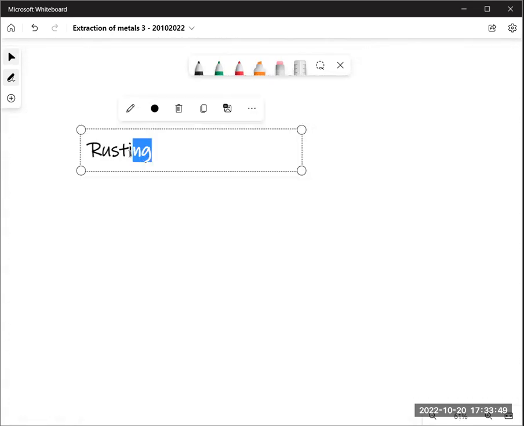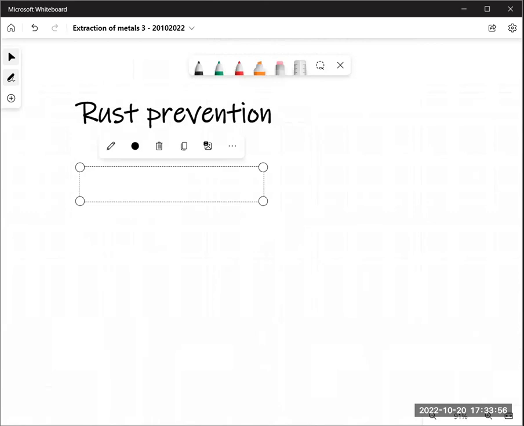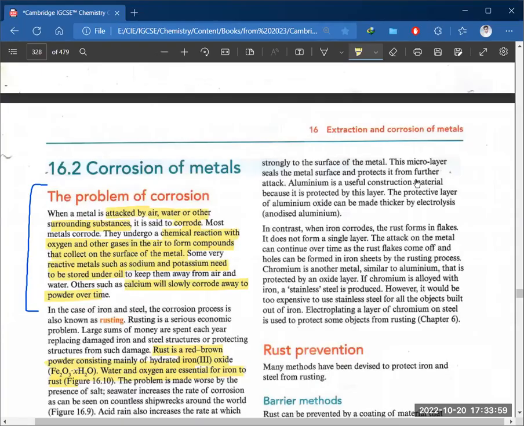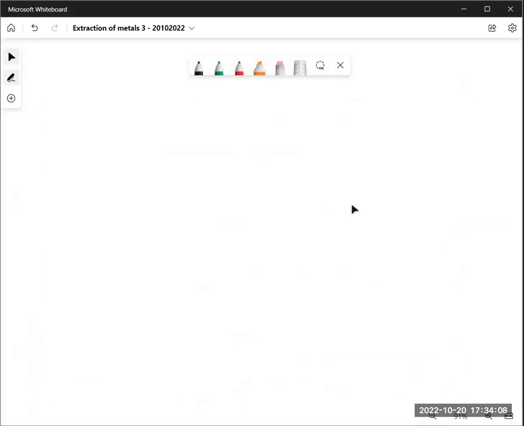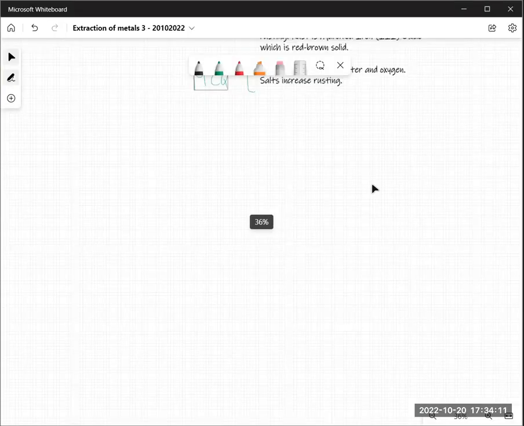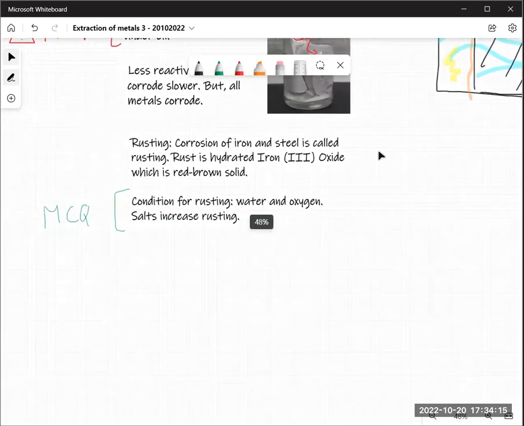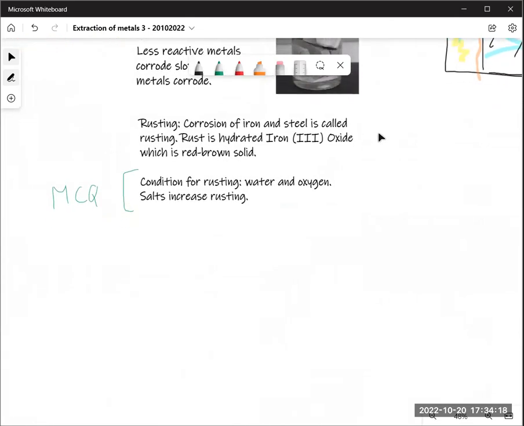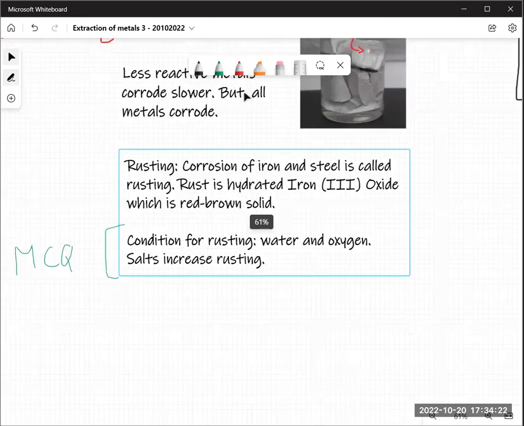Now we know what rusting is and how it happens. Rust prevention is next. Before we start rust prevention, we look at one more thing. I want you to change the wording just a little bit.